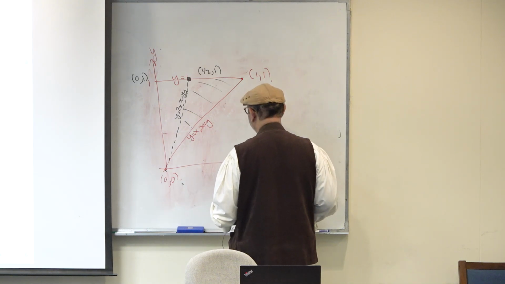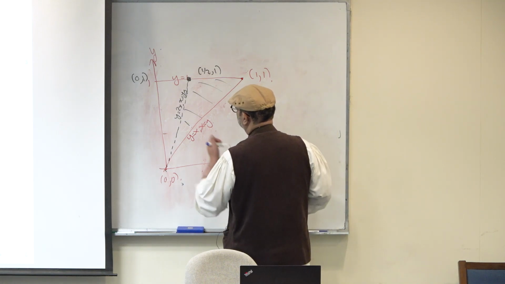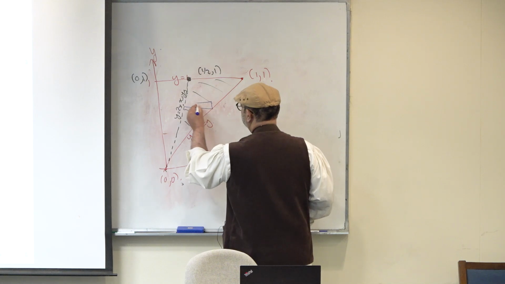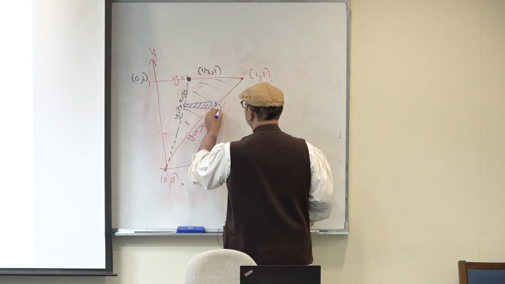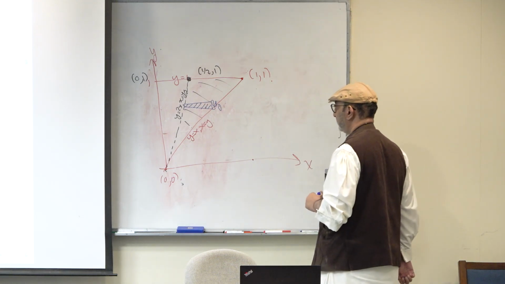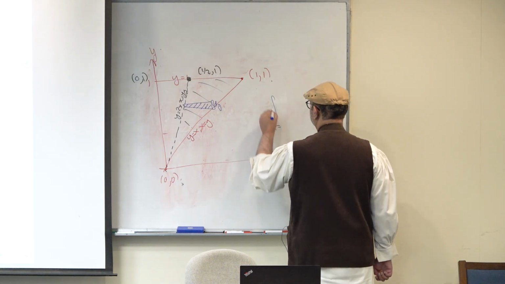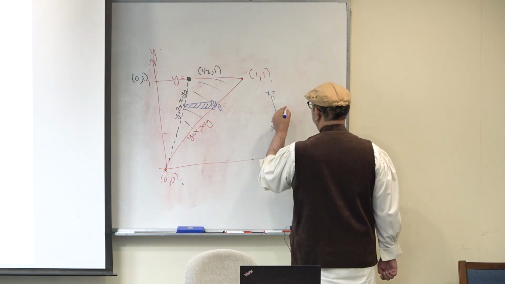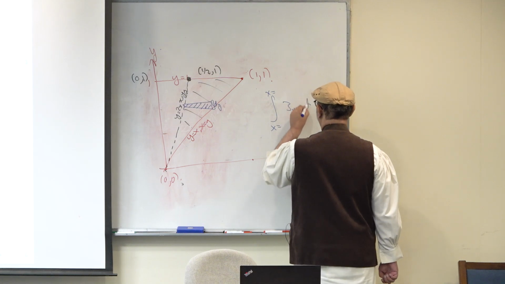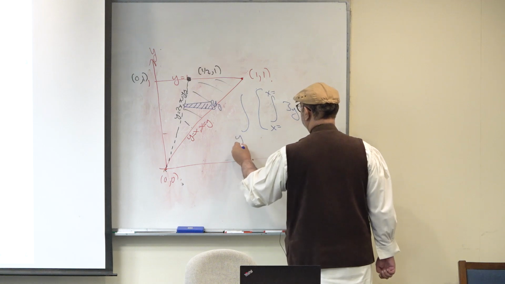So let's say that we wanted to do an x integral first. So it has a thickness dy. Let's say we want to do an x integral first. So we have to integrate 3y dx, and then we have to integrate from y.